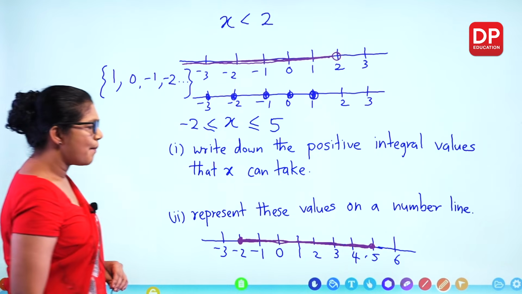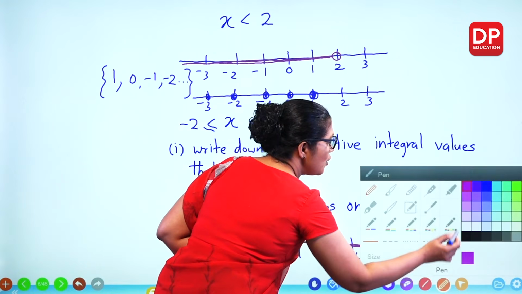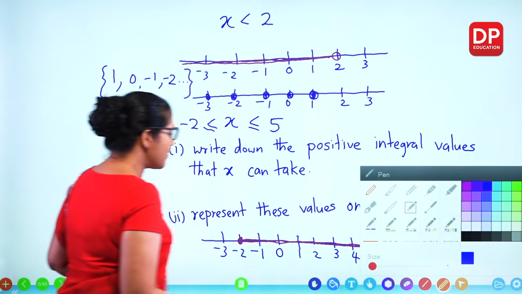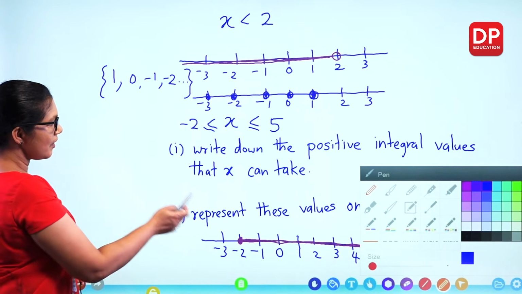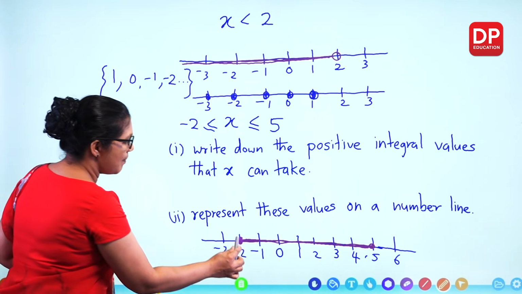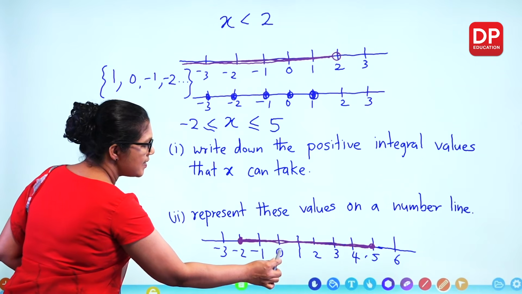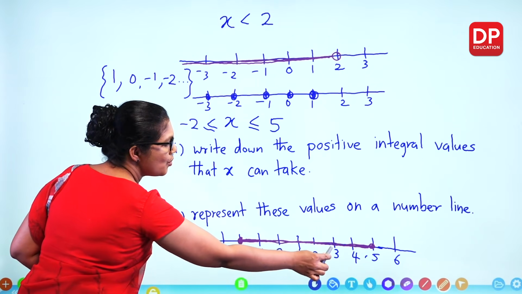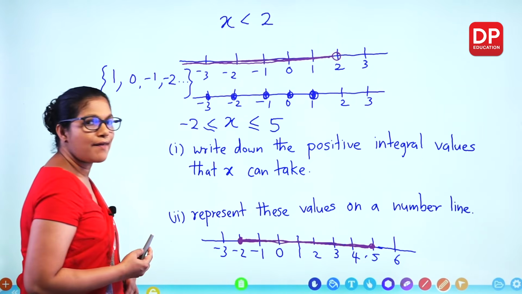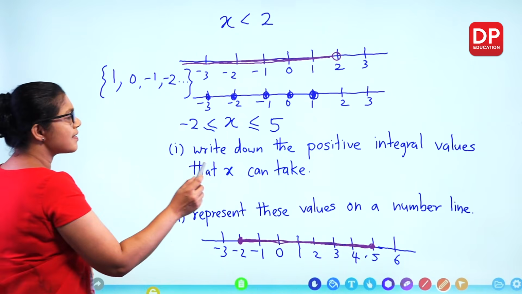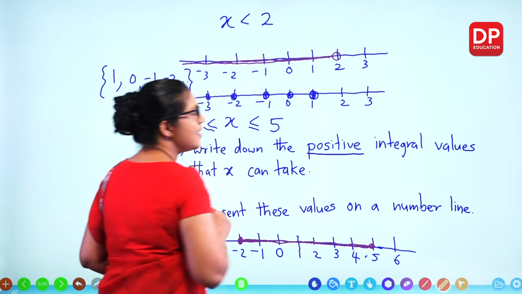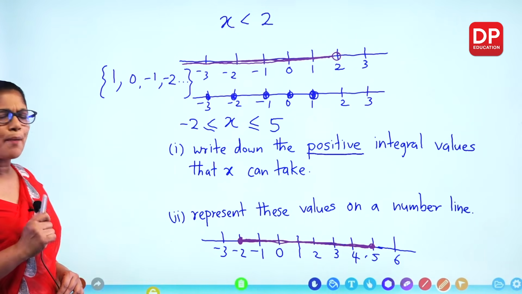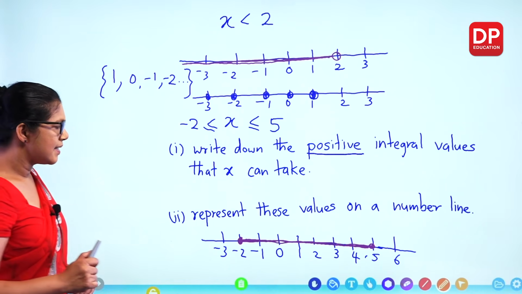So what are the numbers? When you want to write down the integral values, we can write -2, -1, 0, 1, 2, 3, 4, 5. But they are asking only positive integrals. What are positive numbers?